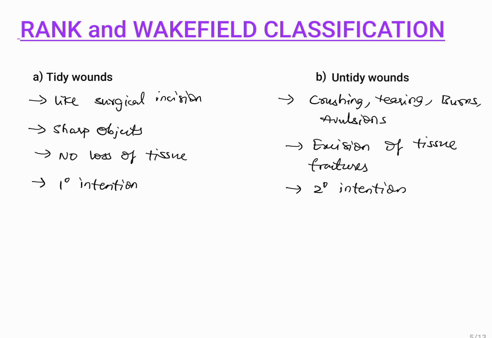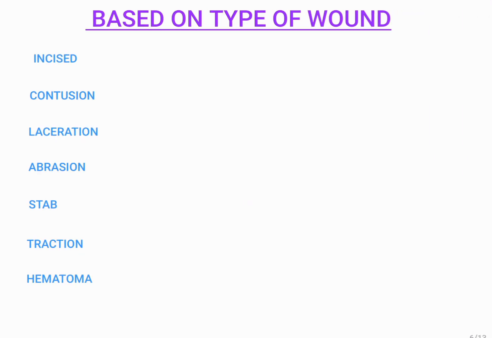Now let us come to the second major type of classification of wounds, which is based on type of wound. Based on the type of wound, the wounds are classified as incised wounds, contusions, lacerations, abrasions, stab wounds, traction injuries, and hematoma.